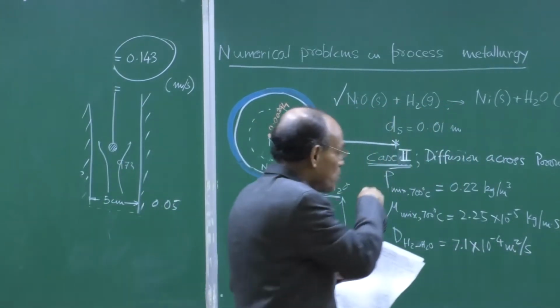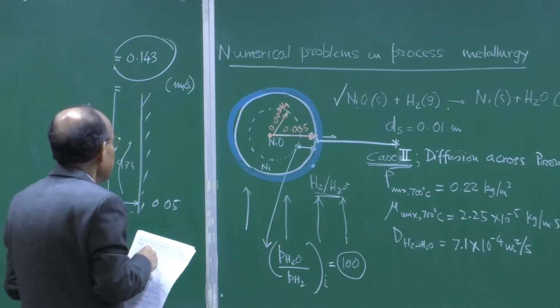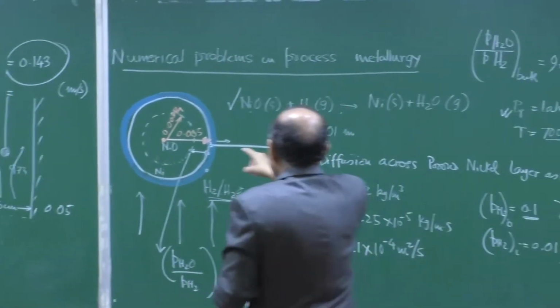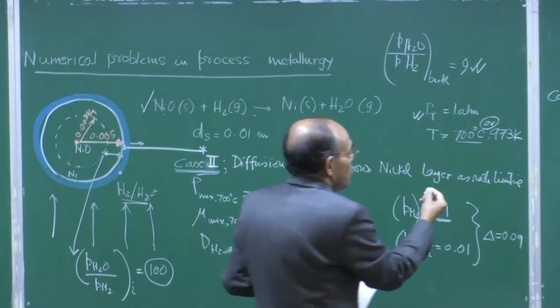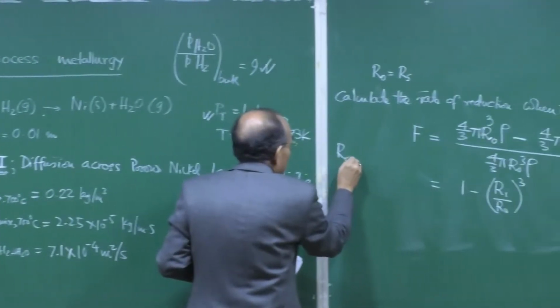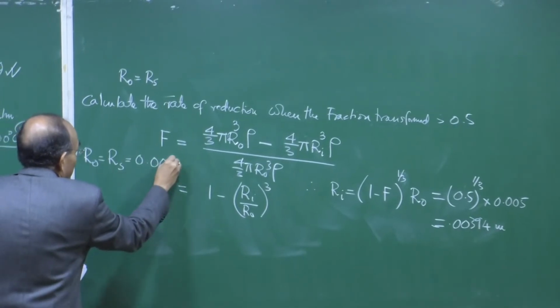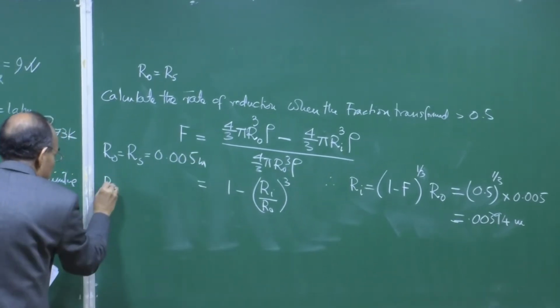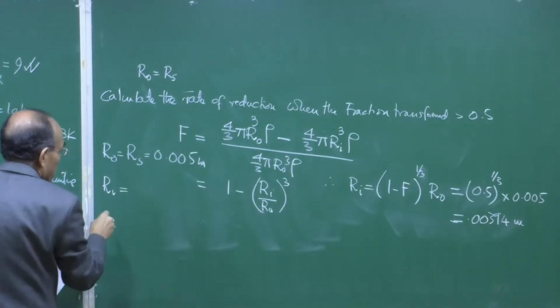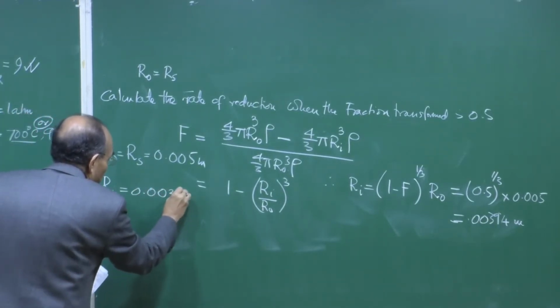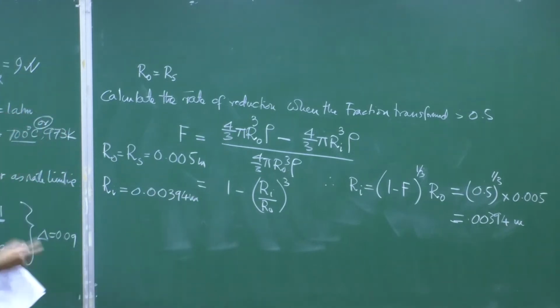So, we have found out that R0, the outer radius or the radius of the sphere, is 0.005 meter, Ri is a function of time, and 0.0394. These are the values that we have derived. Density and other parameters remain constant.